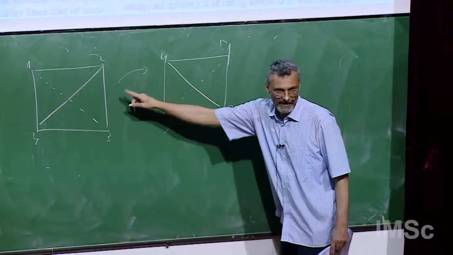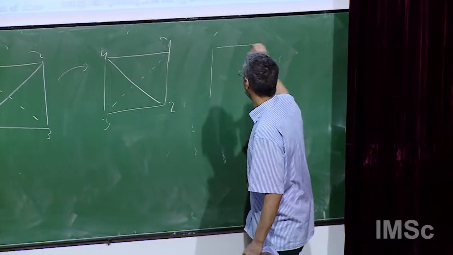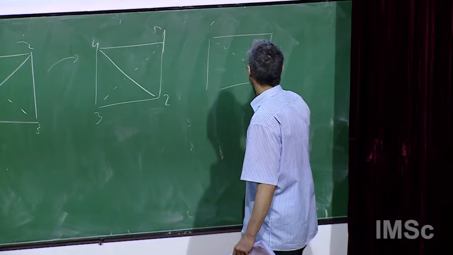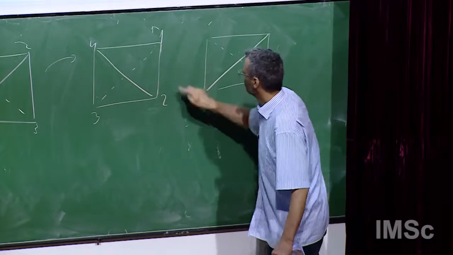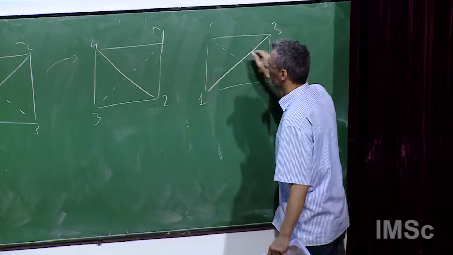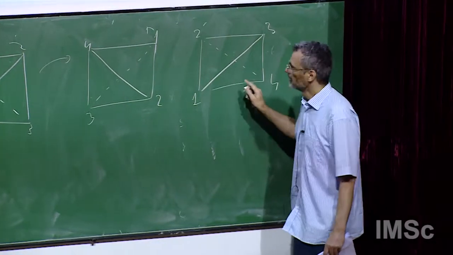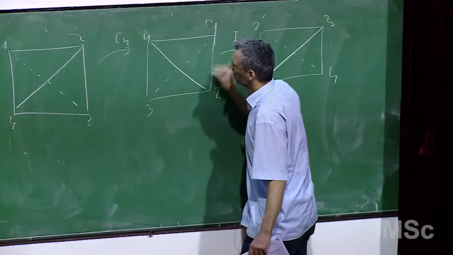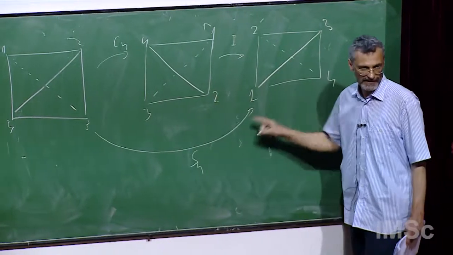So this is not the same tetrahedron, but if we apply inversion, the bond which was on the top will go to the bottom, and what was on the bottom will come up. This will go down here, this will go here, this will go here, this will go here. So this is an S4. So this is a C4, this is an inversion, and this is an S4 symmetry group element.